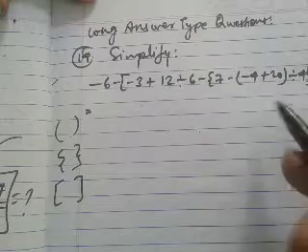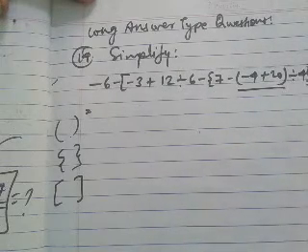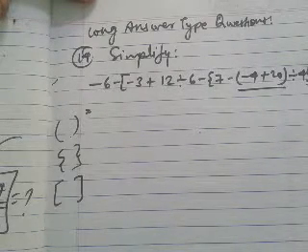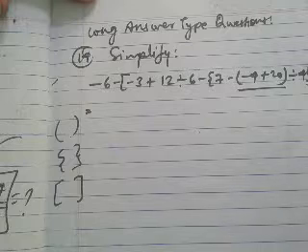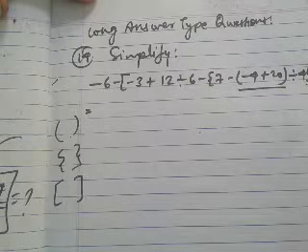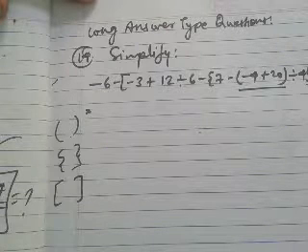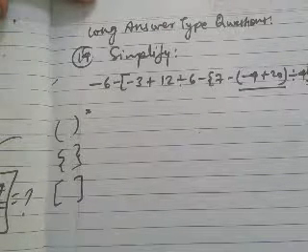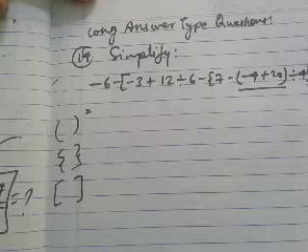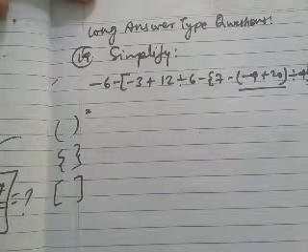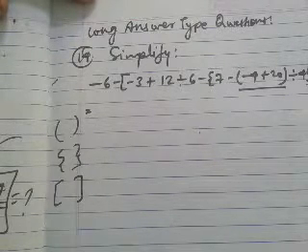First of all, solve the small bracket, then go to the other brackets following the BODMAS rule, otherwise we will get the wrong answer for this question or any other question related to this type of problem.